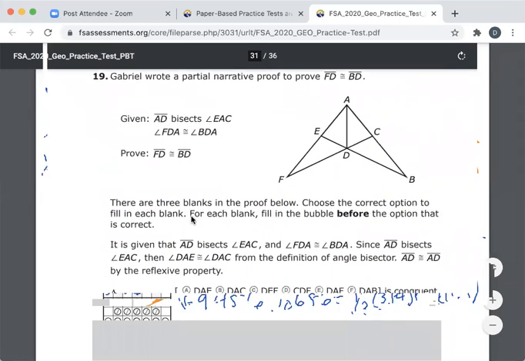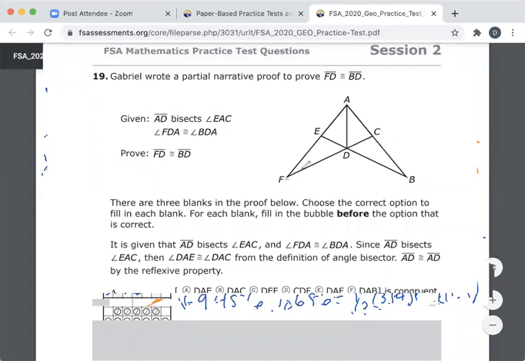Okay, Gabriel wrote a partial narrative proof to prove that FD, let's see, FD, right here, FD is congruent to BD. So these two sides are like the same length. And he starts off saying that AD bisects EAC.